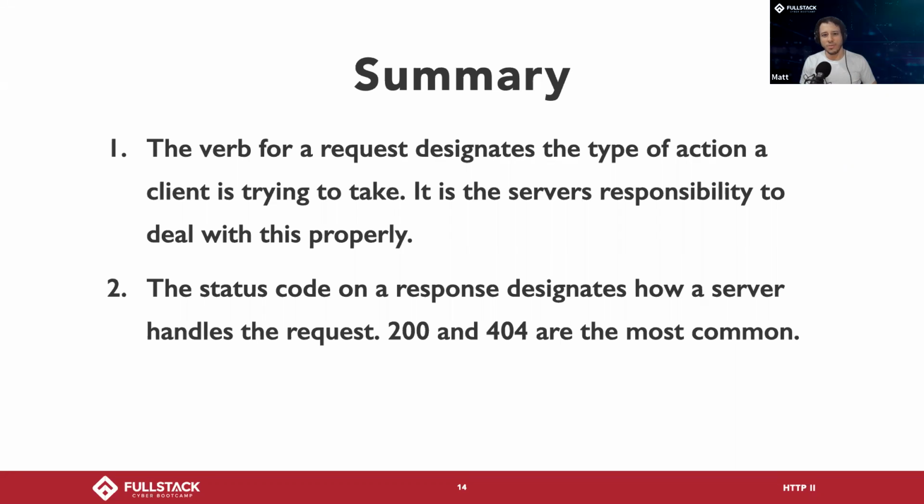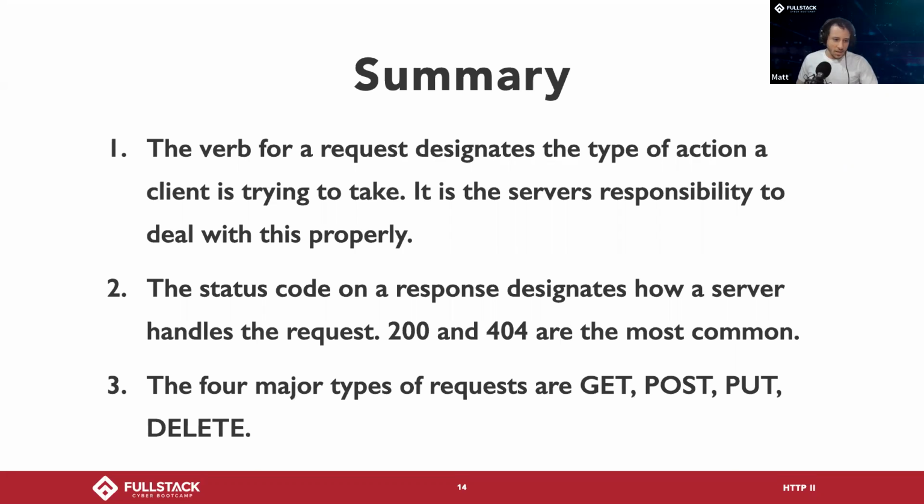Like if you get a 404, you're asking for a resource that's not there, so that's you on the client side. If you get a 500 error, it's like you broke the server somehow. You did something that made it upset and now it's not working. Those are the most common errors. And then we have major types of requests: get, post, put, delete, CRUD, create, read, update, delete.